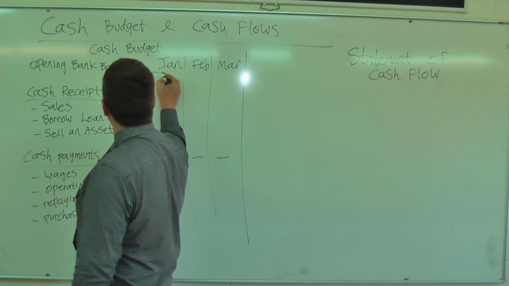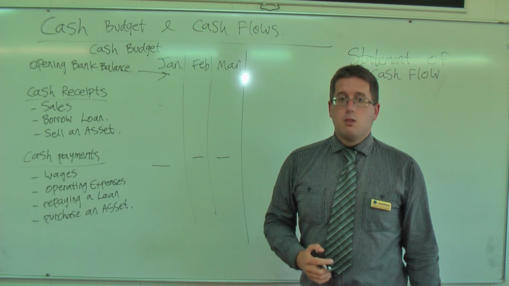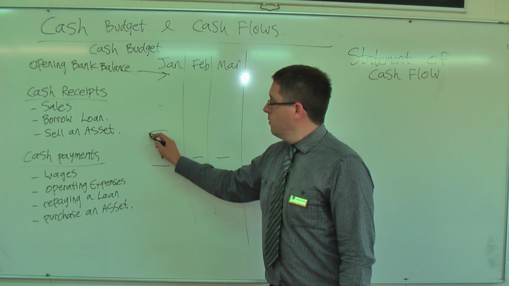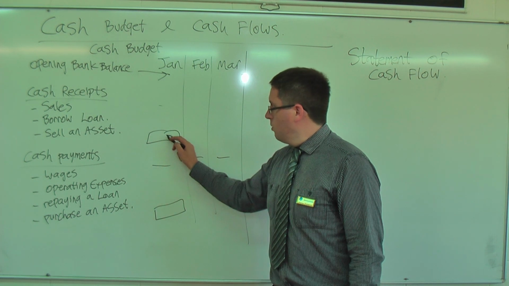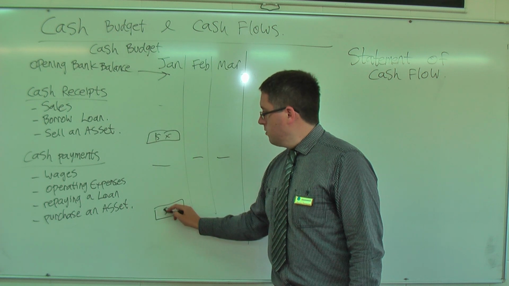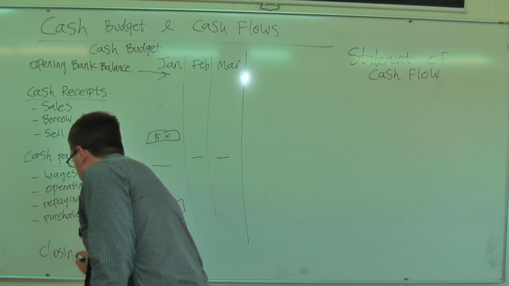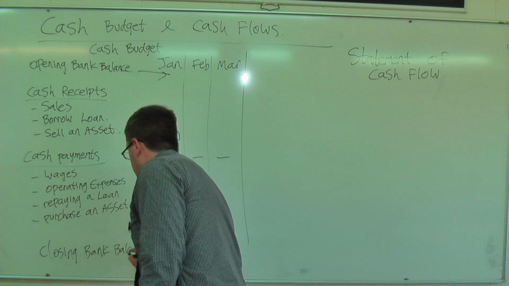So the opening bank balance is our balance at the start of the period we're looking at. That's what we start with. Then we get our total cash receipts, our total cash payments, and then we come up with our predicted closing bank balance.